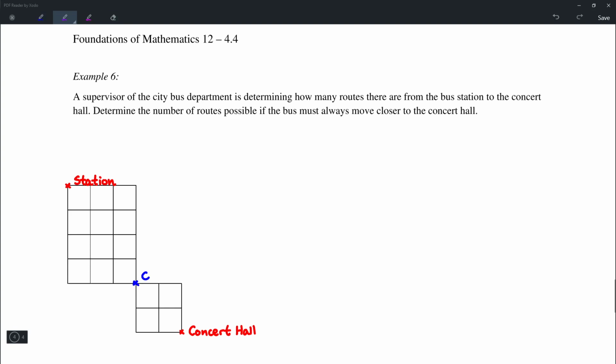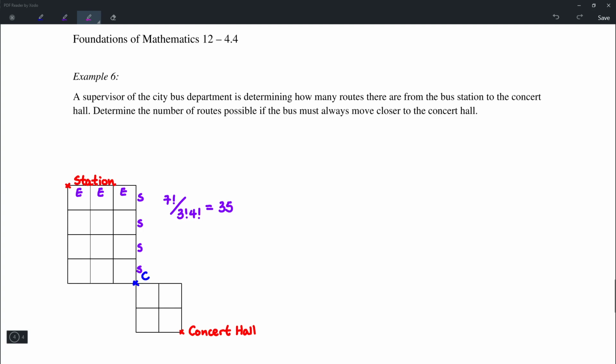So the first part of this diagram, there are 7 blocks, 3 blocks east and 4 blocks south. So here we're looking at 7 factorial divided by 3 factorial times 4 factorial, which using a calculator gives us 35.